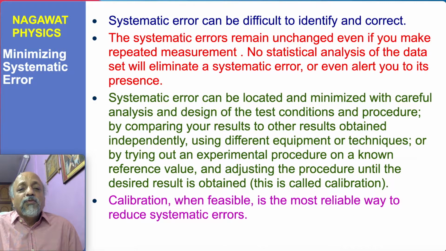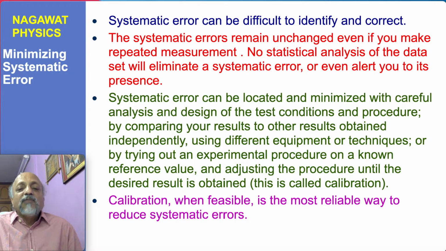Also, I will add a few things to it. Systematic errors, though difficult to identify at times, can be identified and corrected by appropriate mechanisms. Systematic errors are the errors which remain unchanged even if you make repeated measurements.